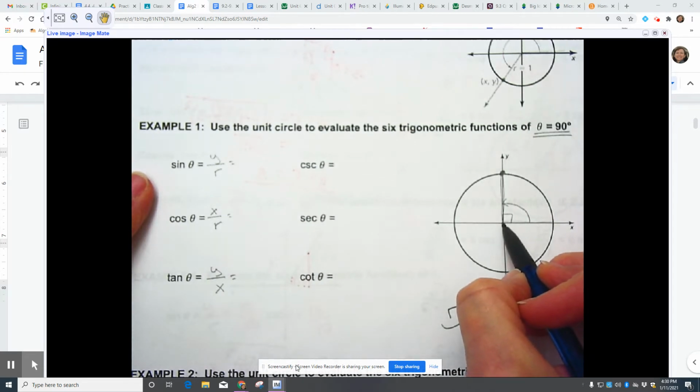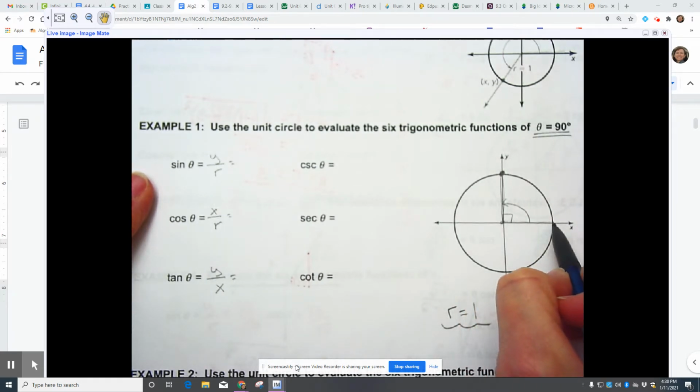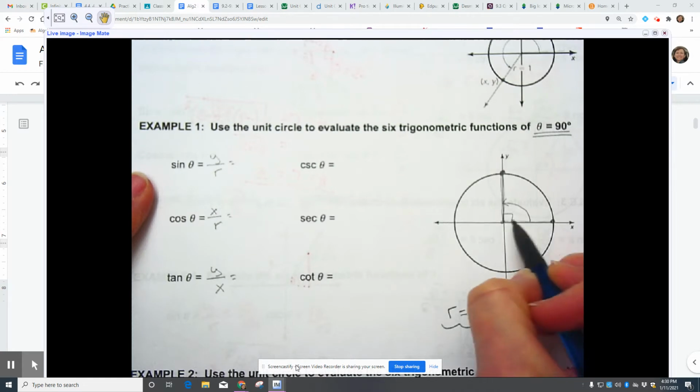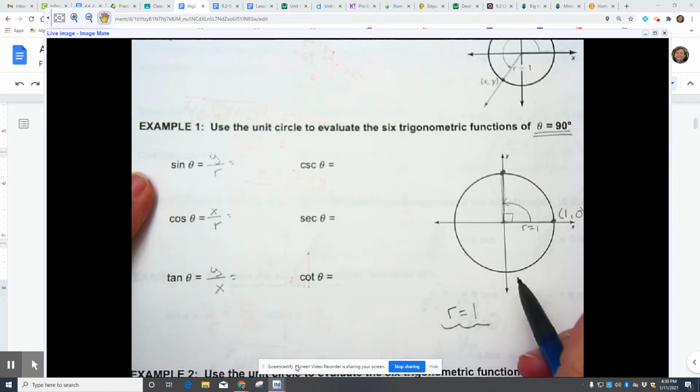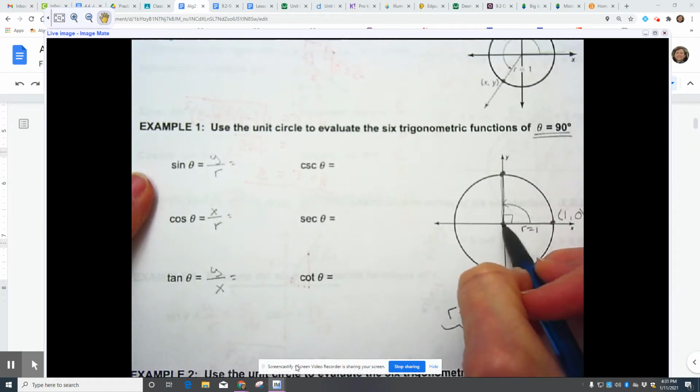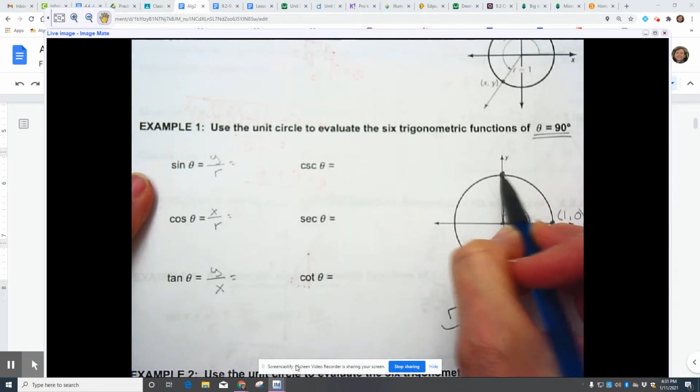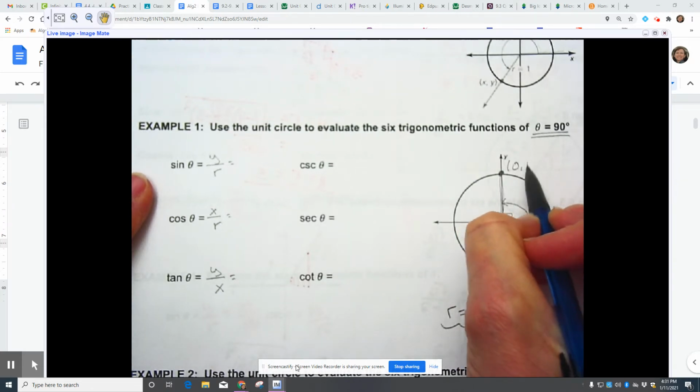From the origin over to the circle, this is the radius of the circle, and it equals 1. If I plot this point, I've gone over 1 and up 0. If I plot this point, I've gone over 0 and up 1.